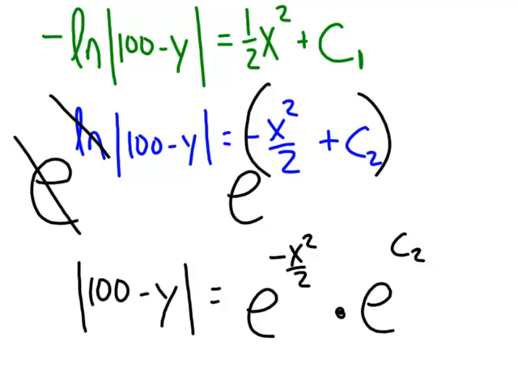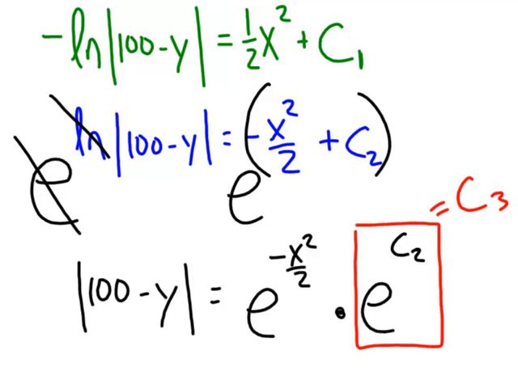Once again, we're going to play some games with that arbitrary constant. If I have e, which is a constant, raised to this arbitrary constant, c2, let's just say that collectively, let's call that c. And I may later, if I play some more games, choose to call this c3 at a later point. But let's just call it c for now and see if that gets us to where we need to be.